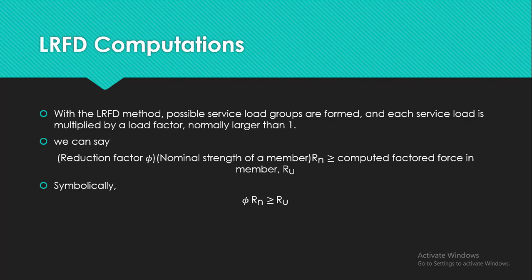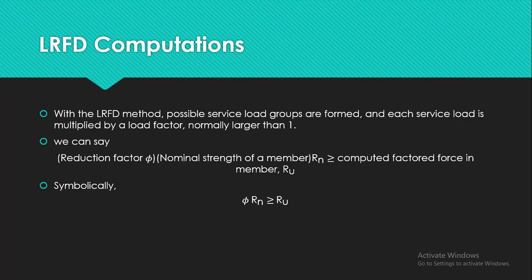With the LRFD method, possible service load groups are formed and each service load is multiplied by a load factor, which is normally larger than 1. So the magnitude of the load factor reflects the uncertainty of that particular load.